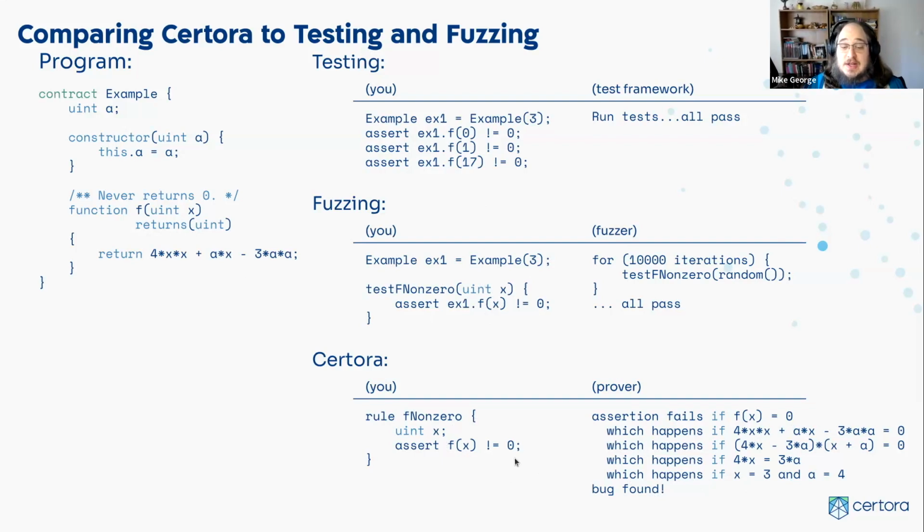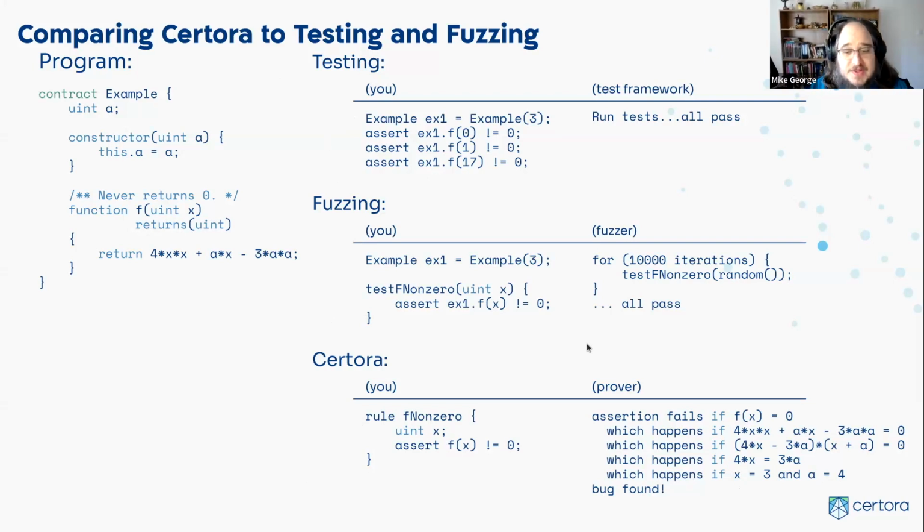With Certora, because it's trying to construct a proof, it will either find exactly a case where your assertion is violated, or it will produce a proof that says it is impossible to violate this assertion. So that's what separates Certora from other techniques. But the way you think about writing Certora rules is the same way you would think about writing fuzzing tests in particular.